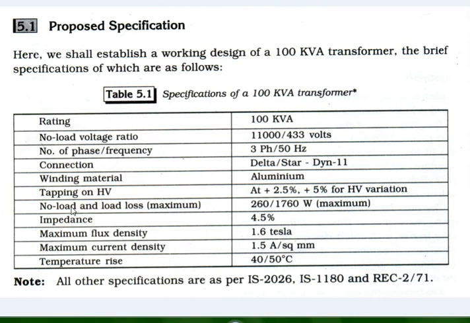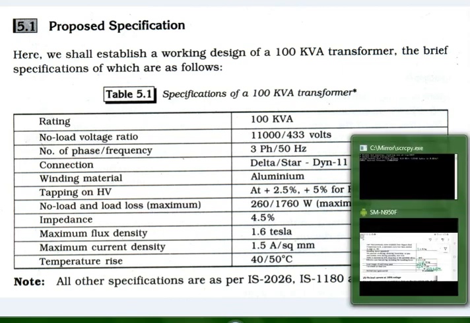What was the no load loss required? 260. So for this no load loss we are within the limit, so we don't need to make any other changes. If supposedly you are in the bad area, more than 260 watts, you will have to go back on your core design, maybe increase the area. But increasing the area means that your windings are going to be farther apart, so आपके load losses बढ़ जाएंगे.